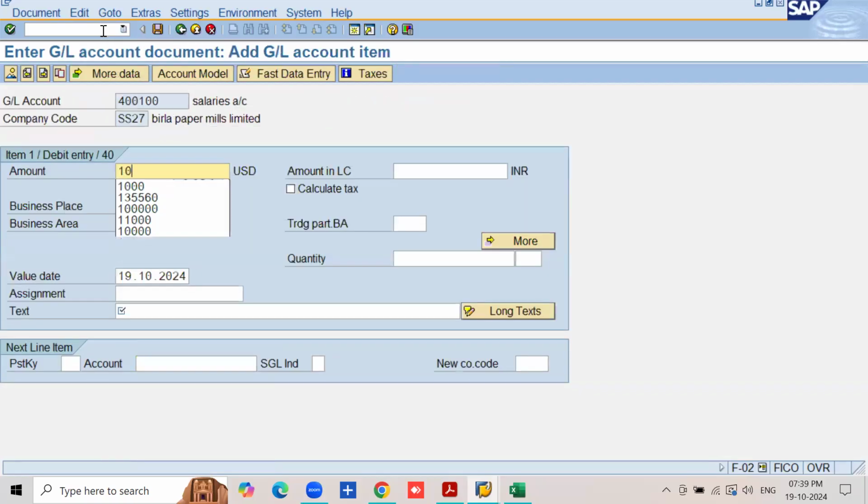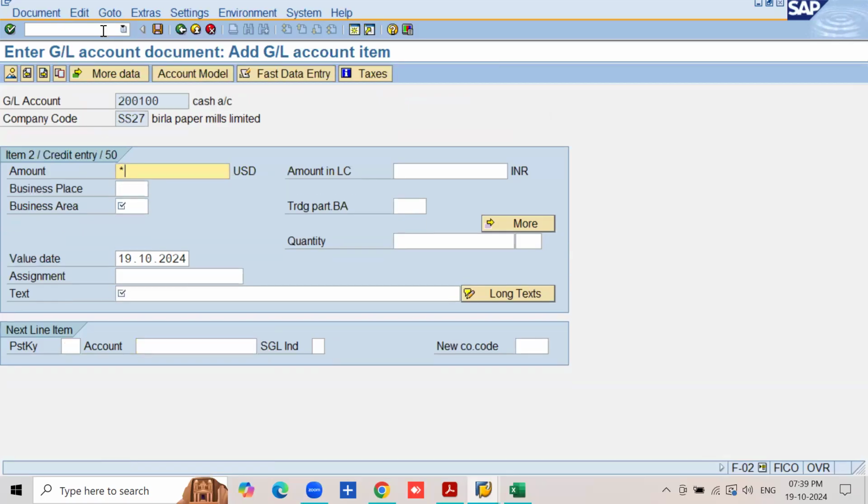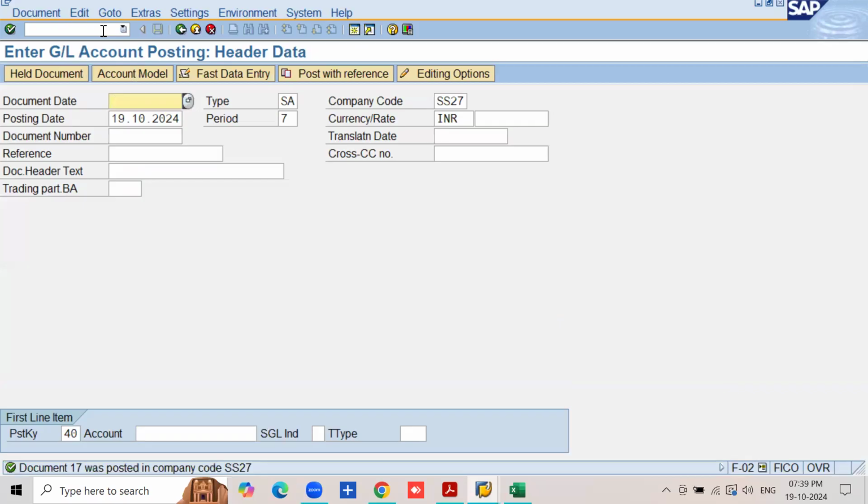Click on enter. Amount is $1,000. Business area SS27. Text being salaries paid. Posting key 50. Account is 2,100,000. Click on enter. Amount is asterisk. Business area SS27. Text plus. Click on save.